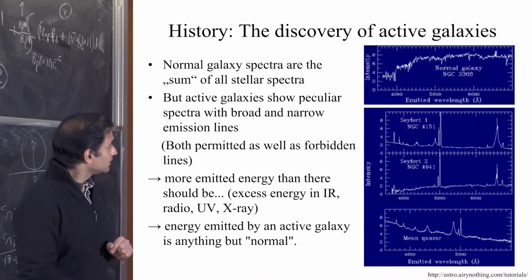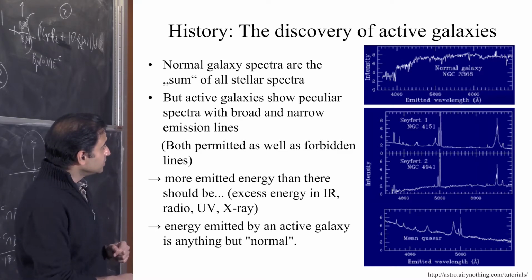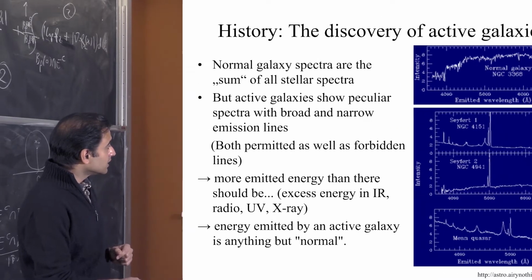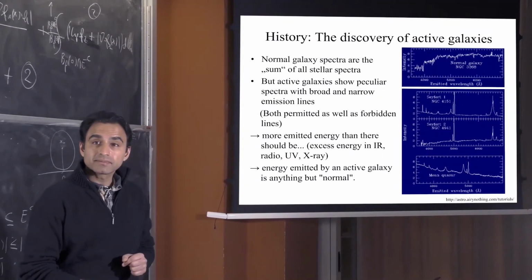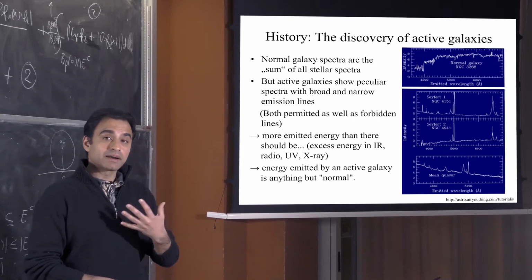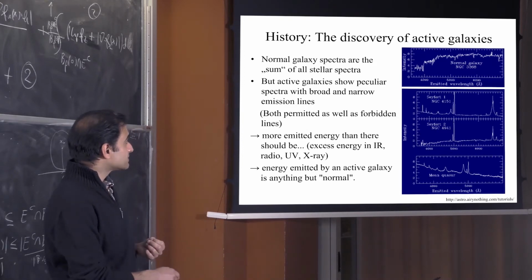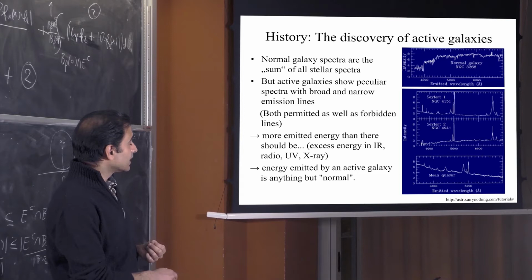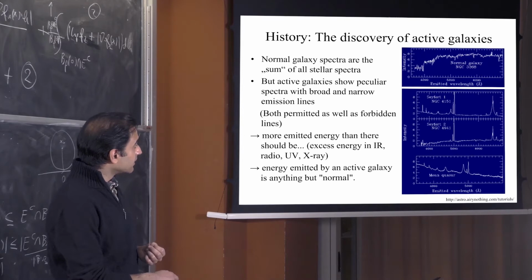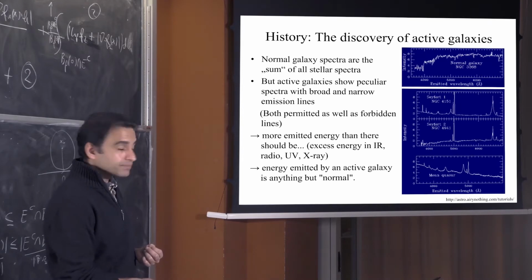And on top of that, you can see the presence of these huge emission lines. Emission lines are spectral features, these spikes that are coming out of the continuum, and they can be either broad or narrow.